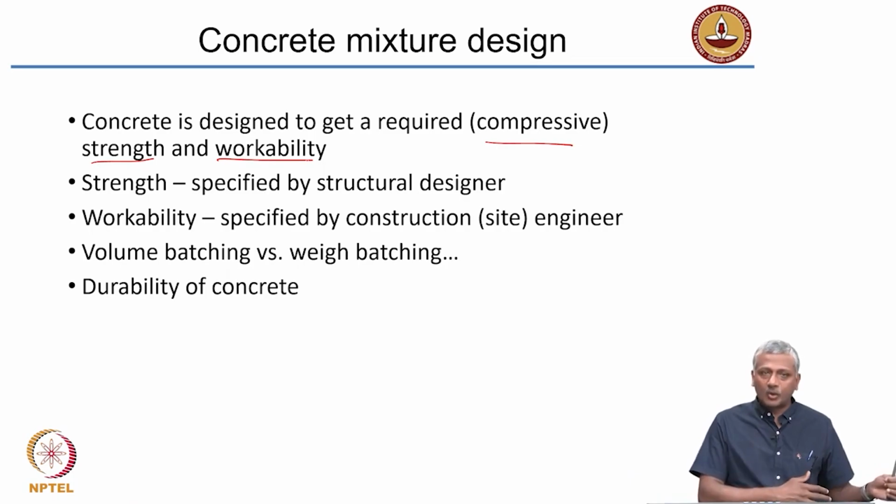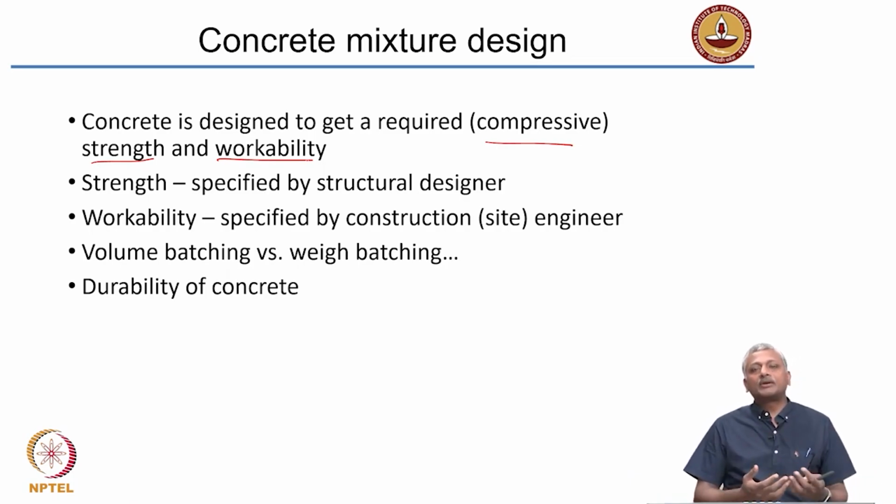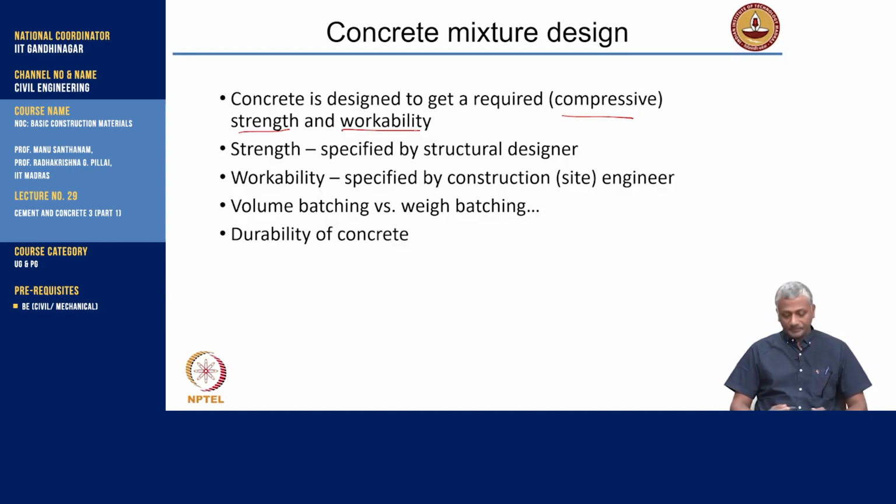If you add too little water, your flowability or consistency may not be enough for the concrete to satisfactorily fill up the formwork. Okay. So who does the decision making as far as these characteristics are concerned? As far as strength is concerned, it is specified by the structural designer. So as I said, in a construction sequence, the first is the analysis, that's followed by design.